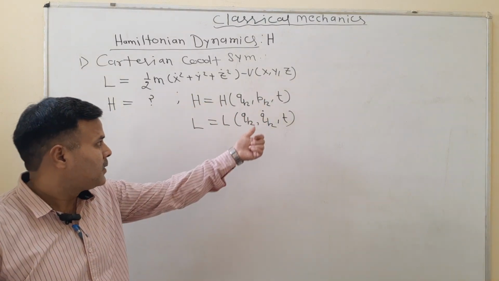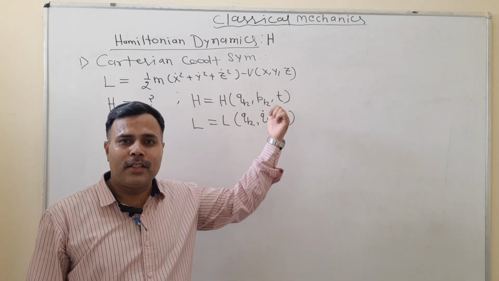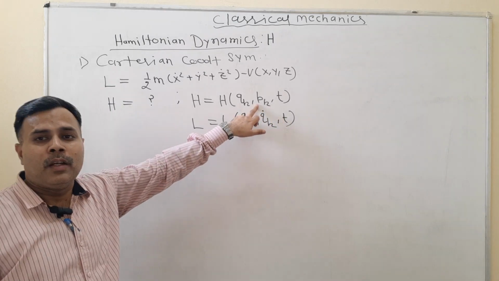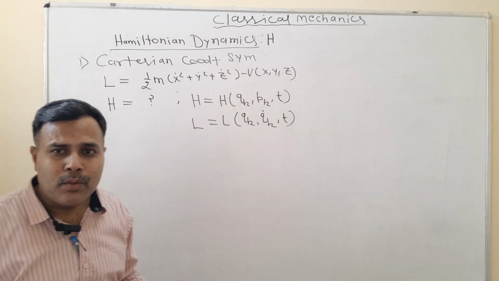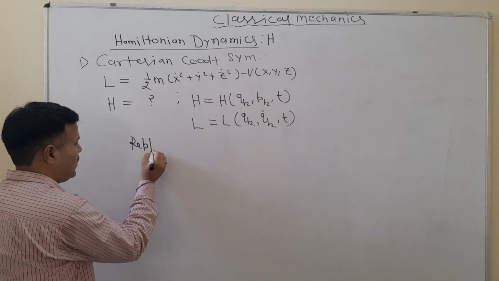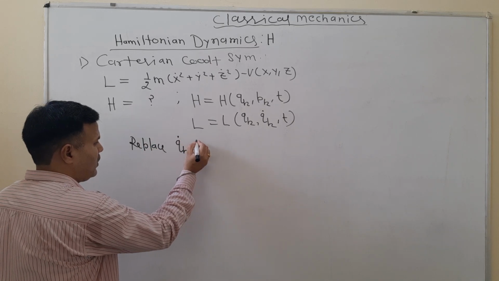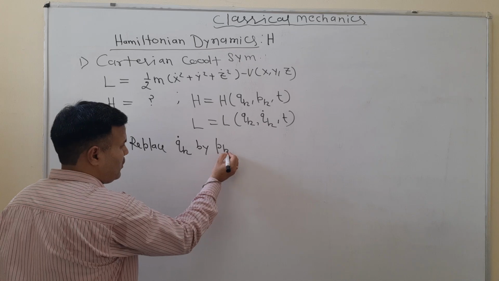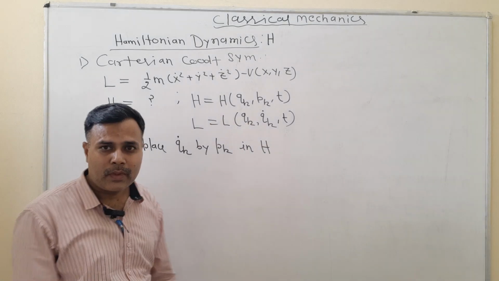So what is the difference? L is a function of generalized velocity and H is a function of generalized momenta. So what is our job? Anyhow, we have to replace qk dot by pk in H.